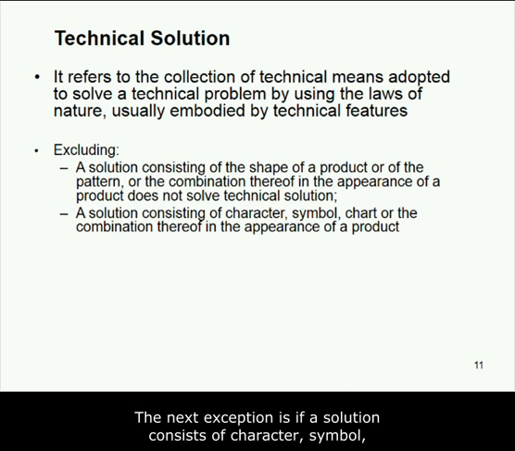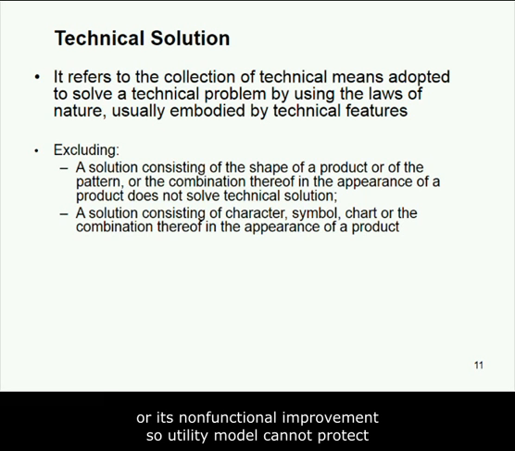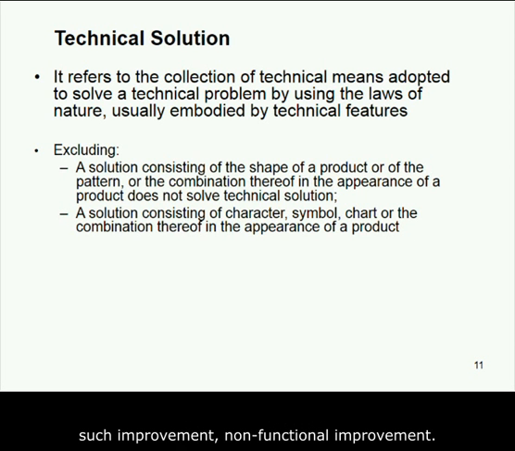The next exception is if a solution consists of character, symbol, chart or the combination thereof, only in appearance of the product. So we cannot consider such improvement as a technical improvement, or it's a non-functional improvement. So utility model cannot protect such non-functional improvement.